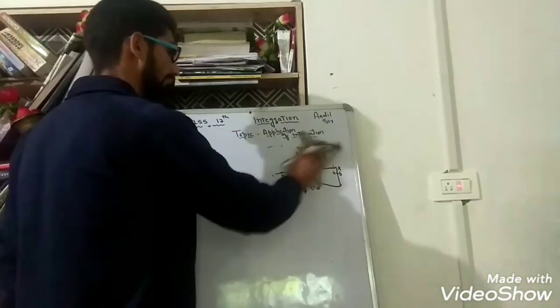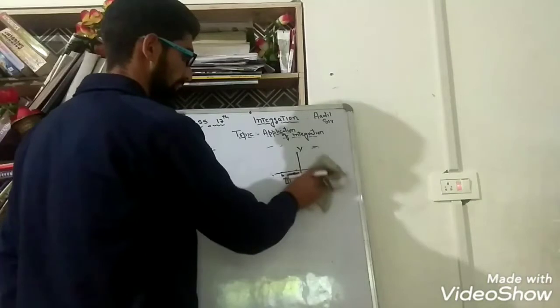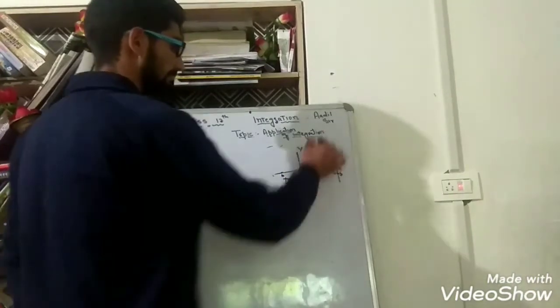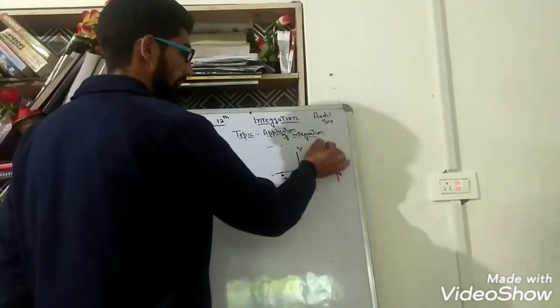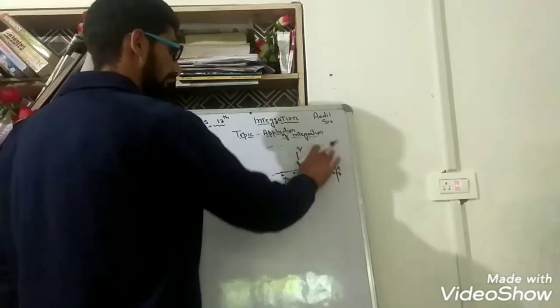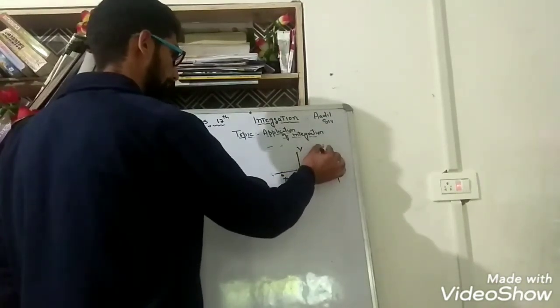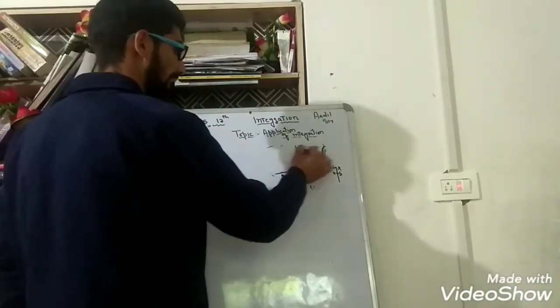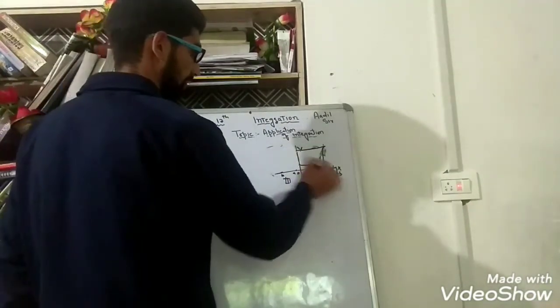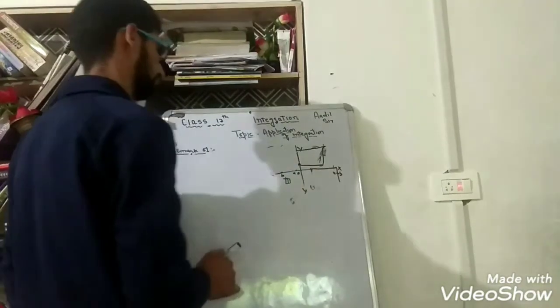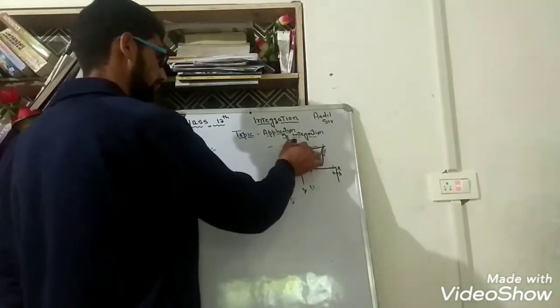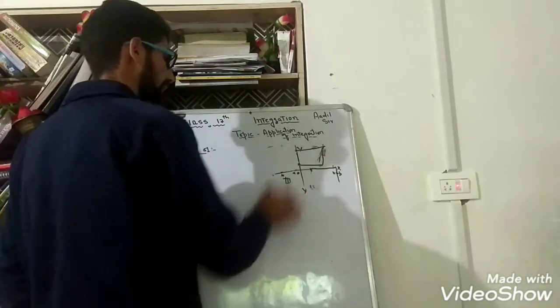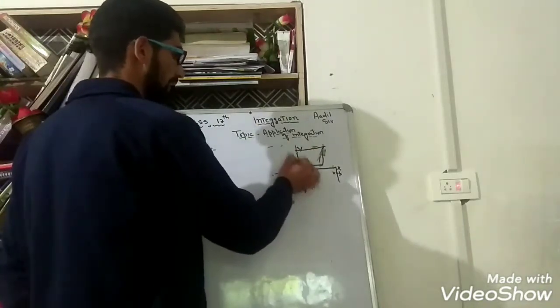But now if our curve is like this, in the first quadrant or in the second, and we have to find the area from this point on the y-axis to this point that is also on the y-axis, that is from y equal to a to y equal to b.